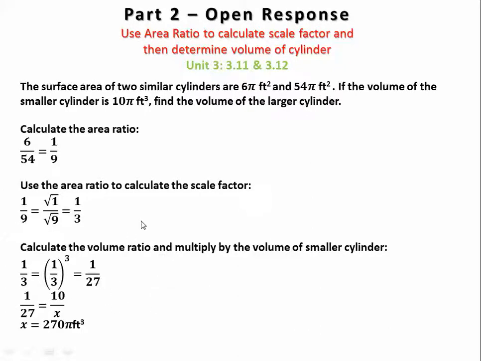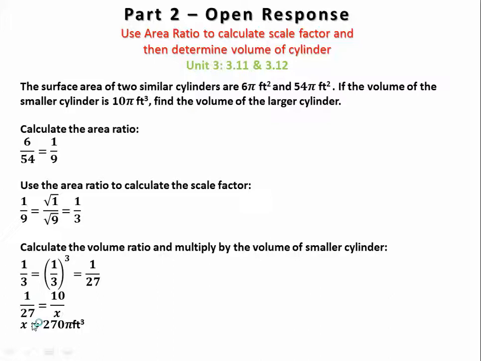Now, it's set up in the problem. It says that the volume of the smaller cylinder was 10 pi feet cubed. So look here, I put my smaller numbers in the numerator and the larger numbers in the denominator. Now I've set up a proportion, and all I have to do is cross multiply and divide to solve for x.